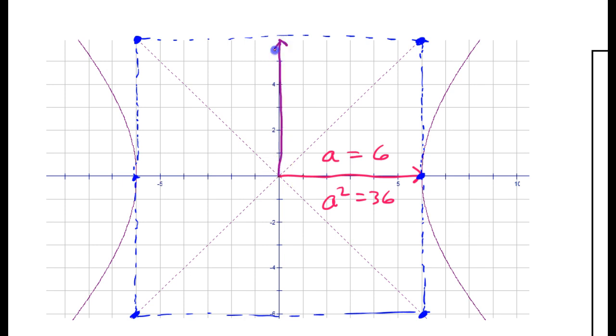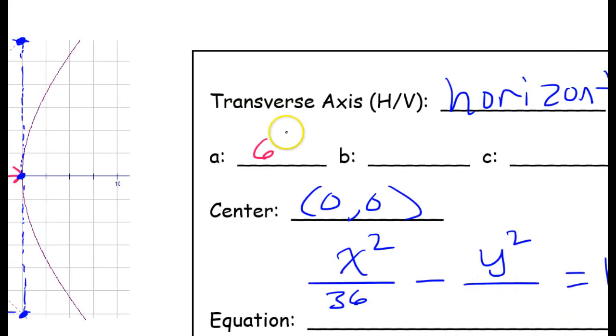That's going to be the side of the rectangle where there is no branch. So that is 6. Oh, okay, that's the same thing. So the b value is 6, just like the a value was 6. That's interesting. So the b squared is going to be 36 as well. So I'm going to have another 36 denominator.